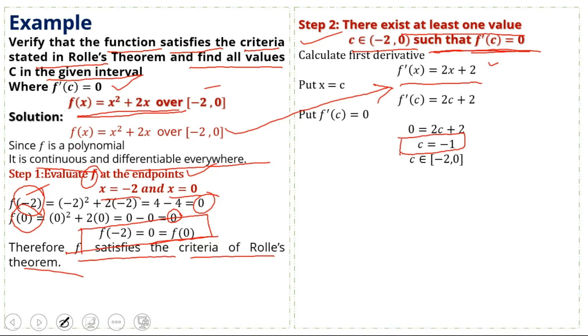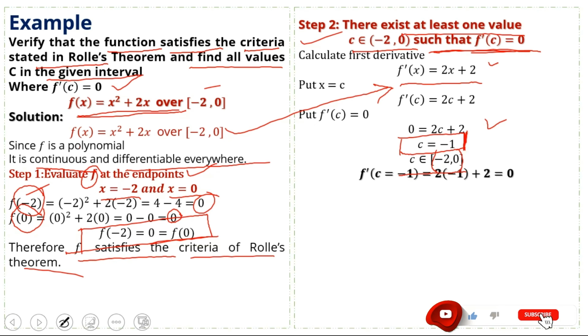After doing some simplification we get the value of c, that is -1, and this -1 belongs to our open interval. This is an open interval, and at this point the value of the derivative function will be 0.